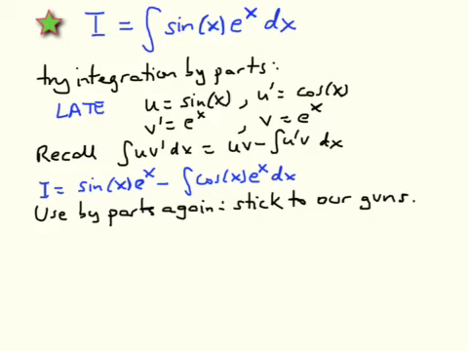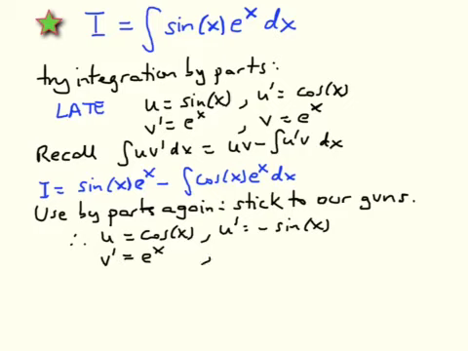So we say, therefore, that u is going to be the cosine of x, so that we will differentiate it again, and u prime is minus the sine of x, and v prime, the factor that we are going to integrate, is e to the x, so we integrate this again, and we have that v is equal to e to the x.